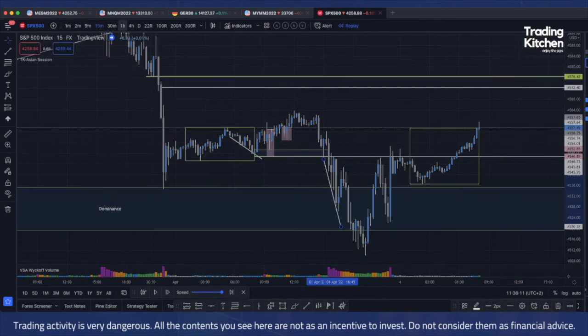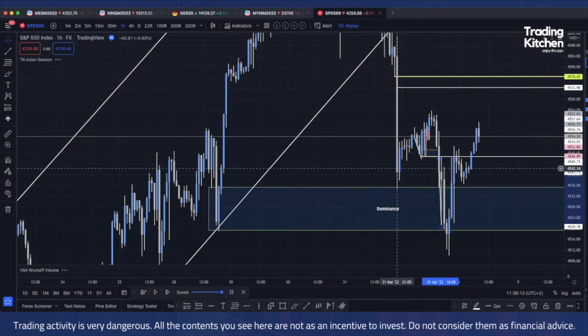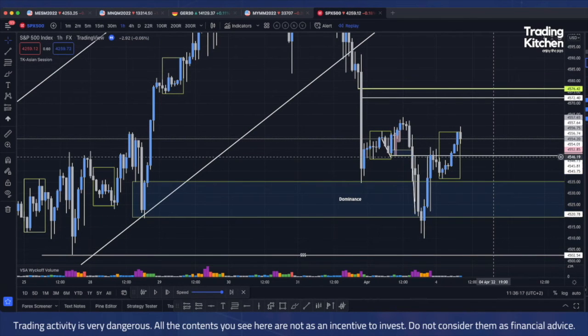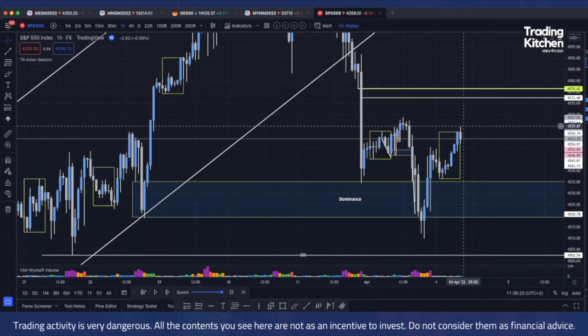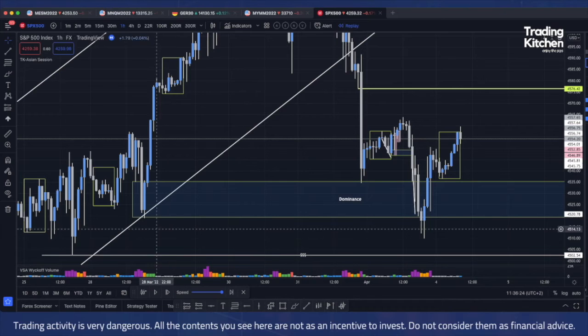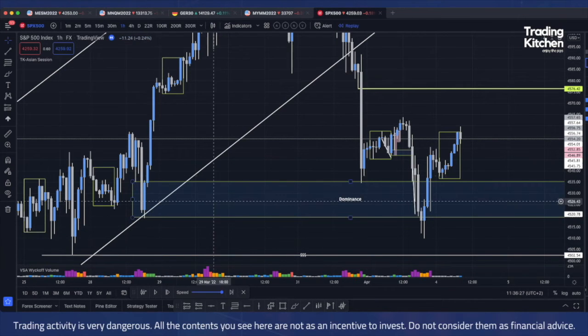So let's go on the 1 hour time frame and see if something has changed. And I was right when I thought that this could be a good zone.